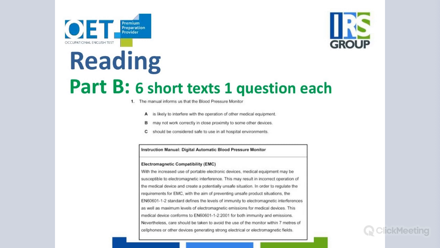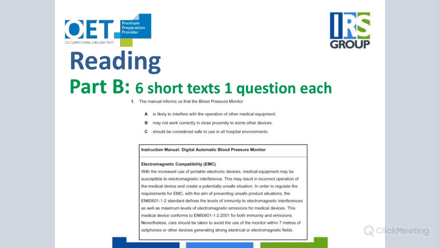You will need to read the text, then get back to the question. You will see question number 1, read the question, and you will be given answers A, B, and C. After reading the text, you need to pick the right answer. Again here you will have to do time management. You will not get the entire time.